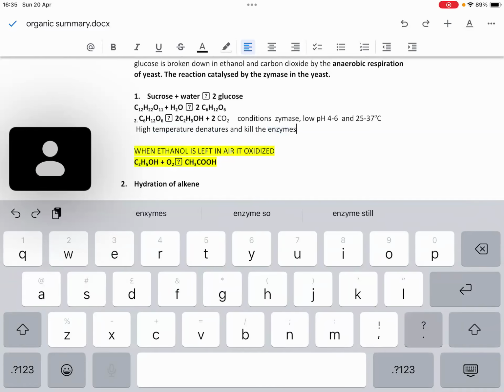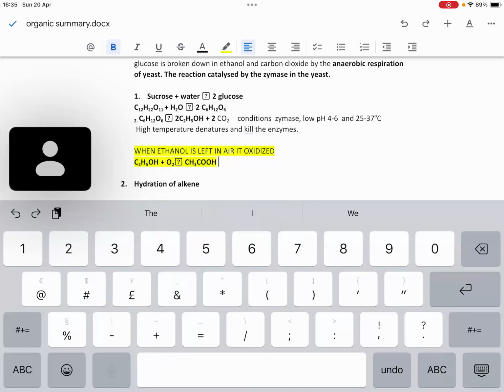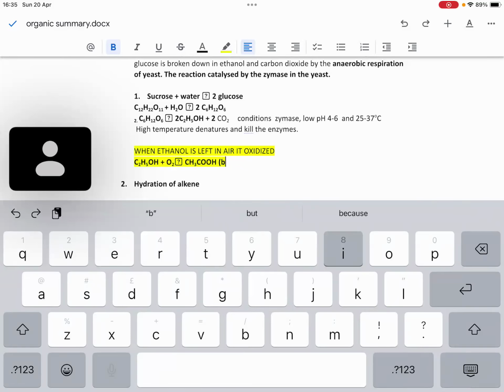All right, so the ethanol that is formed from the fermentation process, if we leave it out to oxygen gas, it can be converted to ethanoic acid, which is a bitter and sour mixture.